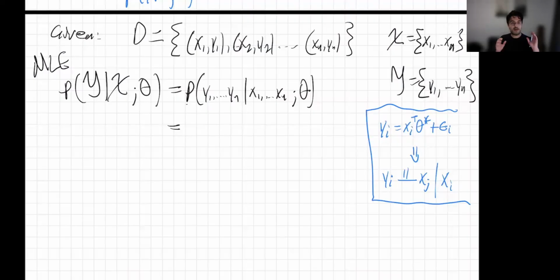That's by our assumptions how our data is generated. What that implies is that if I give you the value of xi, you know the full distribution of yi.